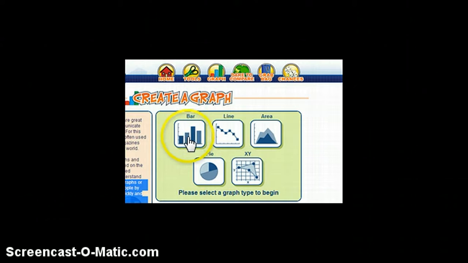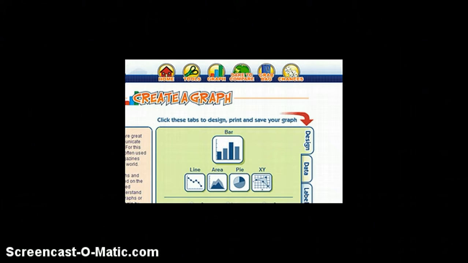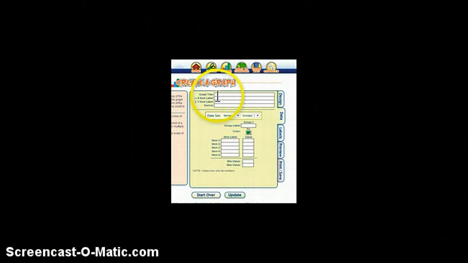In here, you will have the opportunity to show me what you have learned. Your job will be to create two graphs in total. So in your data tab, your first graph title should indicate that you are creating a birthday chart for the month.